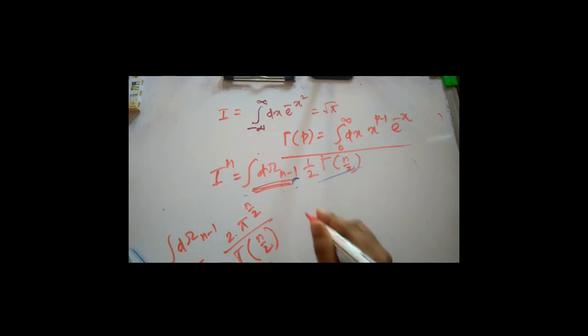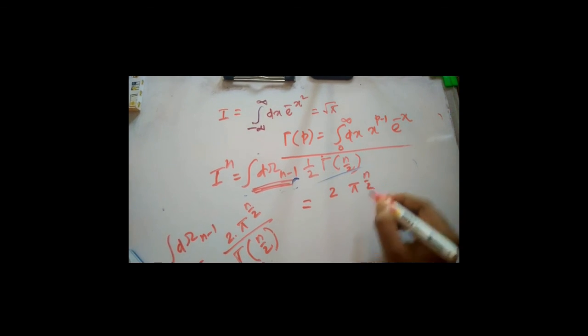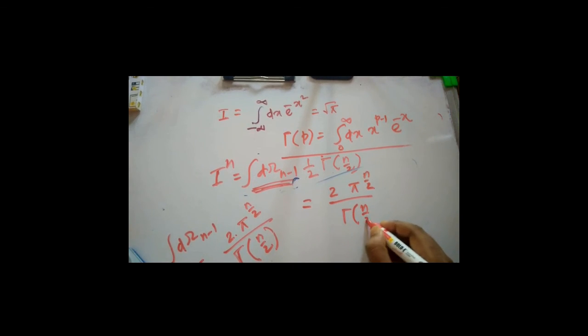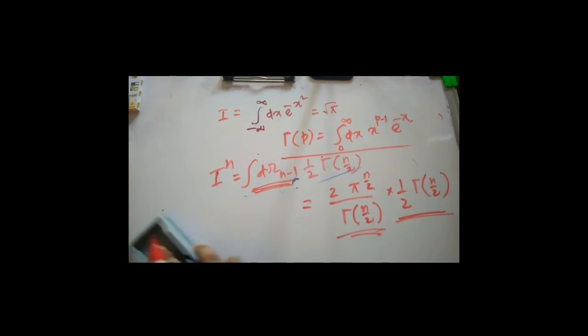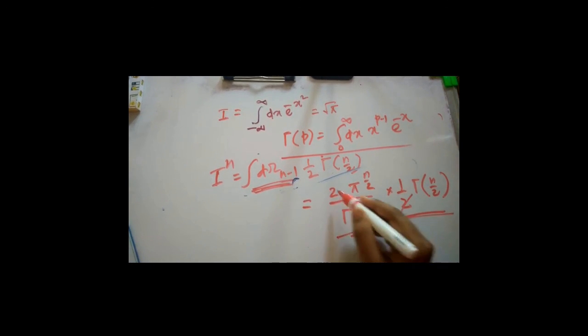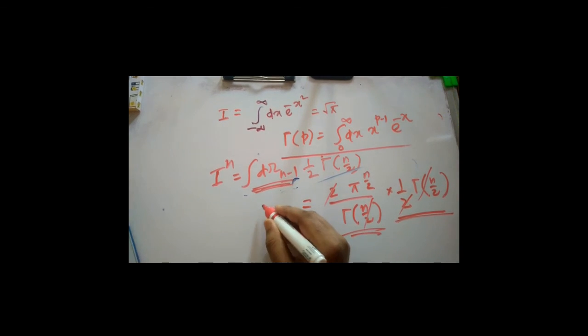We get 2 into pi to the power n by 2 over gamma n by 2, and here it is half gamma n by 2, that is from the radial part, and that is from the angular part. The 2 cancels, and the gamma also cancels. So it is actually pi n by 2. Now you get it, that I to the power n is actually pi n by 2.